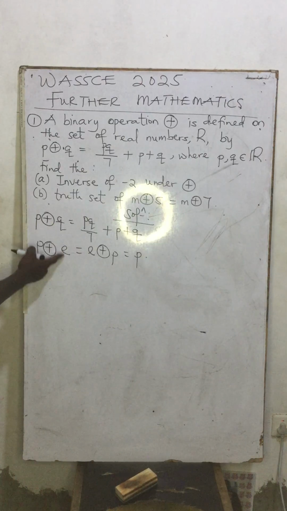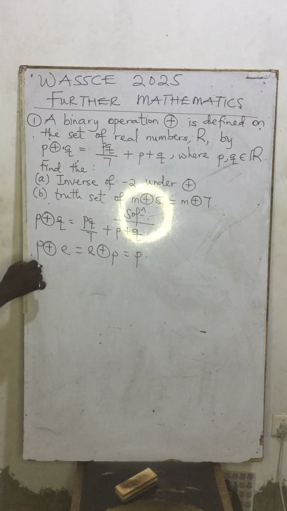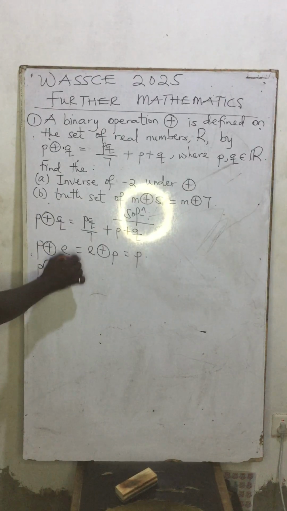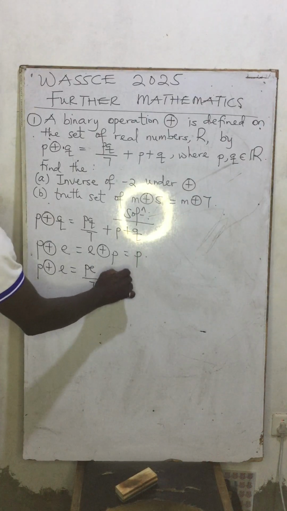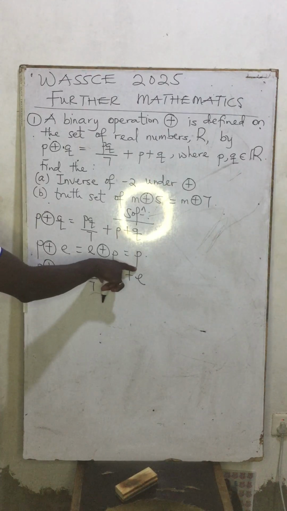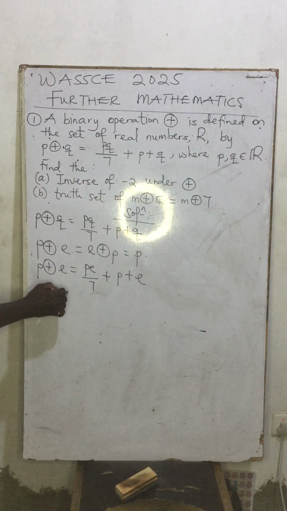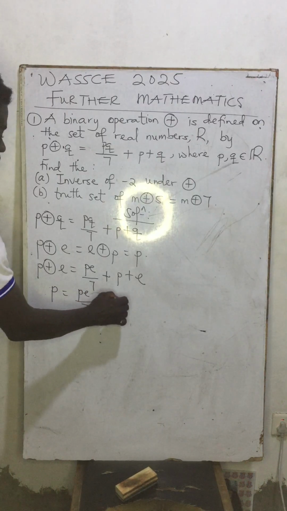So P operation E is PE over 7 plus P plus E, and this gives us P. So P equals PE over 7 plus P plus E.